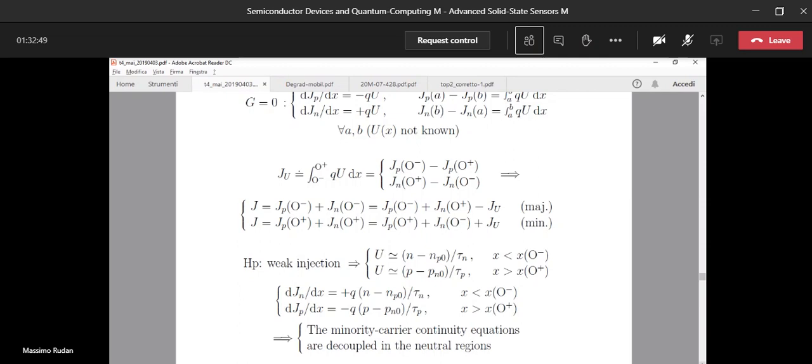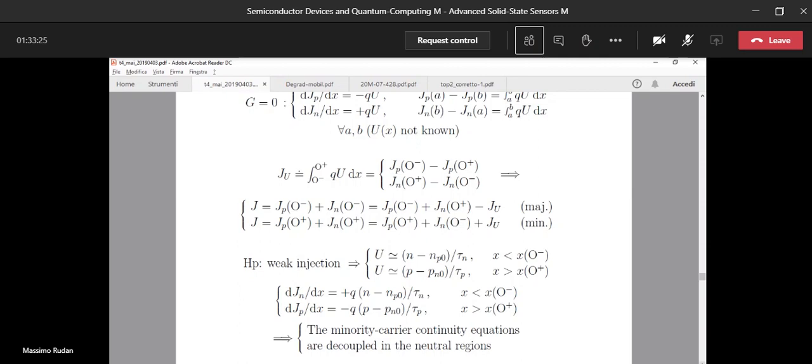So we shall now proceed by solving the continuity equation for the minority carriers in the neutral region, because in such regions we can apply the simplifications that are discussed in this page. Of course, there is a price to pay, that we shall be able to find the electrons only in the neutral region on the left, and then we shall be able to find the behavior of the holes only in the neutral region on the right.